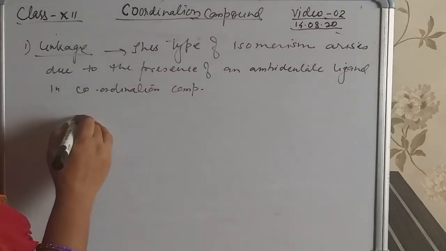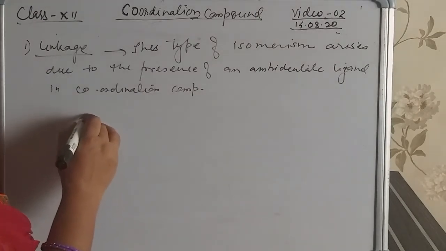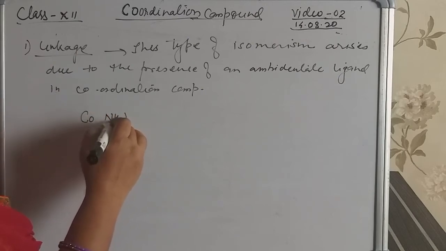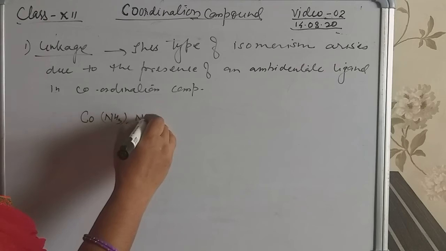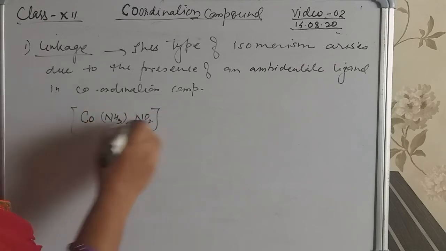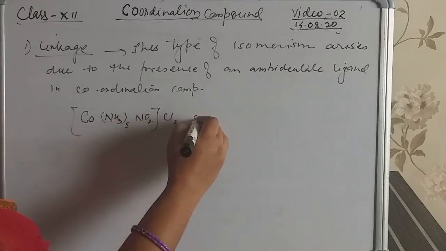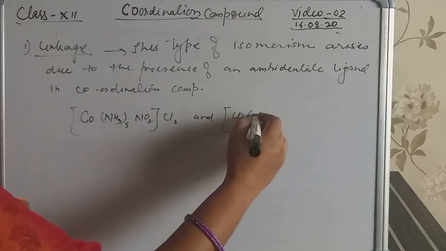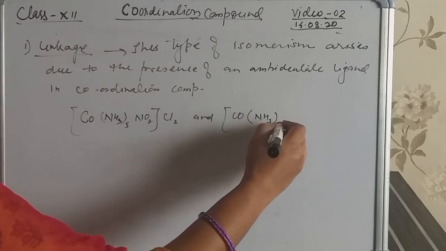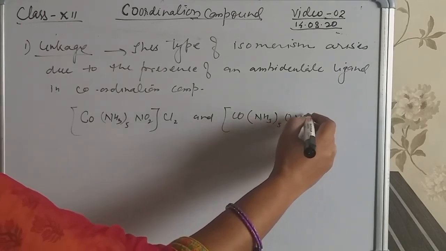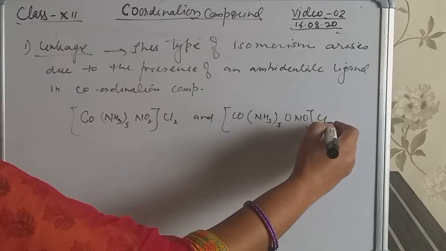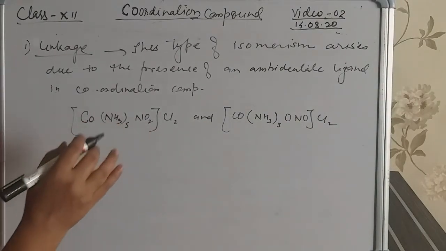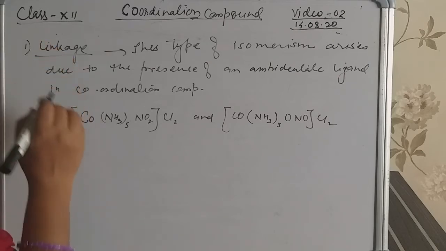For example, suppose we have Co(NH3)5NO2 Cl2 and Co(NH3)5ONO Cl2. This type of example is given for linkage isomers.